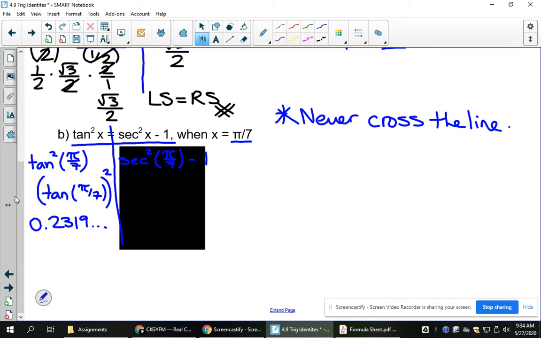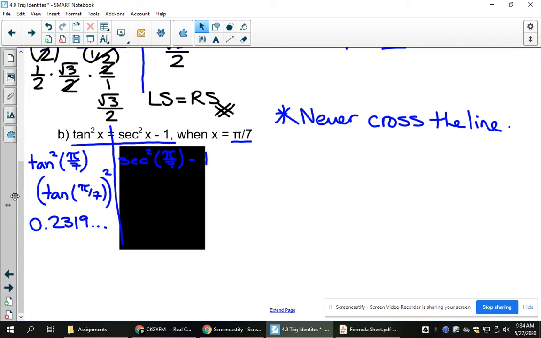So the TI Inspires can do a little bit too much thinking for you, where we're trying to test whether you can use your formula sheet and you understand what secant is equal to. So yeah, we shut that function off. So if you have a TI Inspire and you have secant as one of your buttons, don't use it. Pretend like it's not there, because in the diploma it wouldn't have been there.